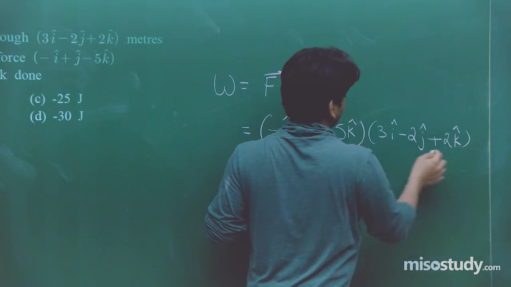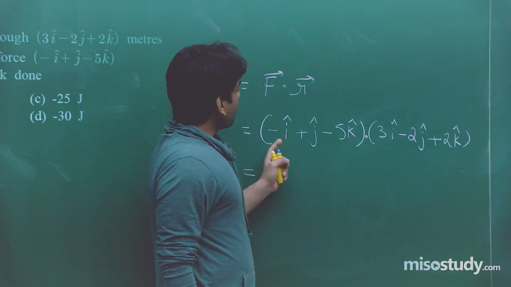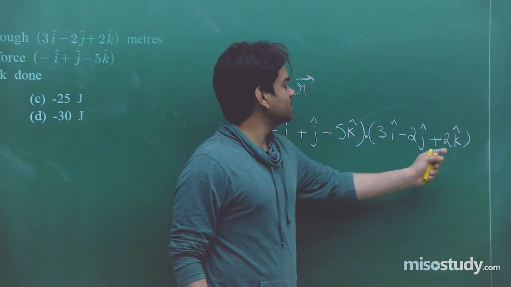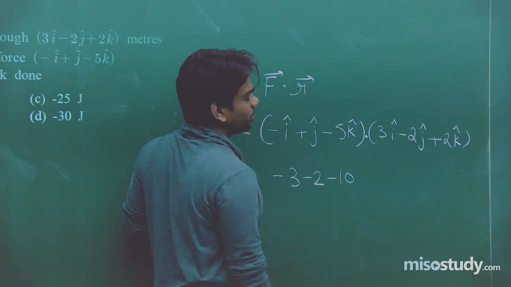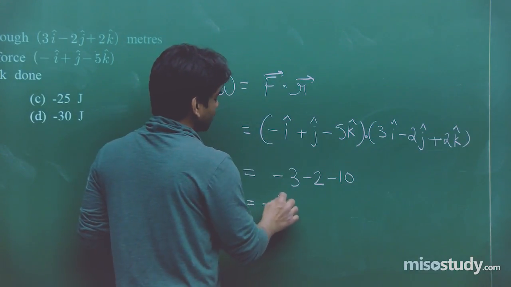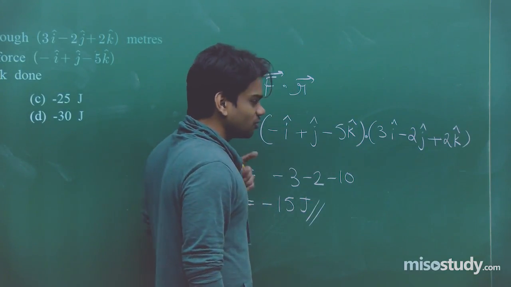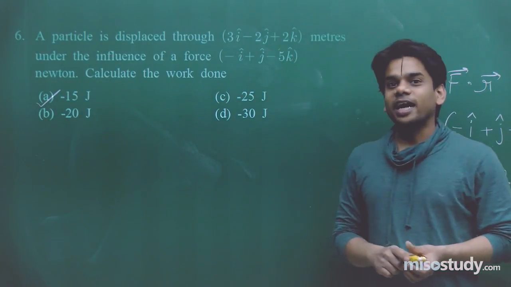This is a dot product we need to do. Minus 3 minus 2 minus 10. I believe that you are remembering how to do dot product. This is how you will be doing. So you'll be getting minus 15 joule as the right answer. Minus 15 joule, that is the work done. Let's take the option. Clearly option number A is the right answer.